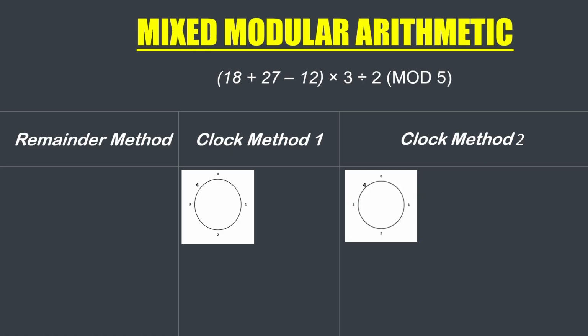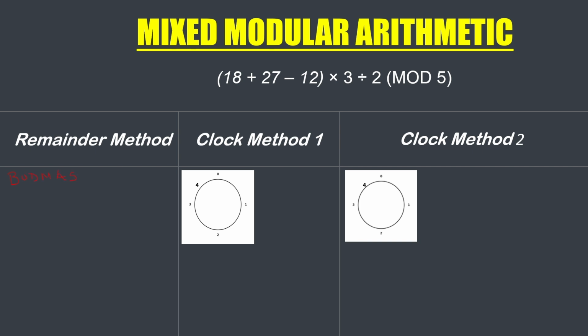For this question, 18 plus 27 minus 12 in brackets times 3 divided by 2 mod 5. Using remainder method, we are going to open the bracket first, as we know BODMAS brackets.